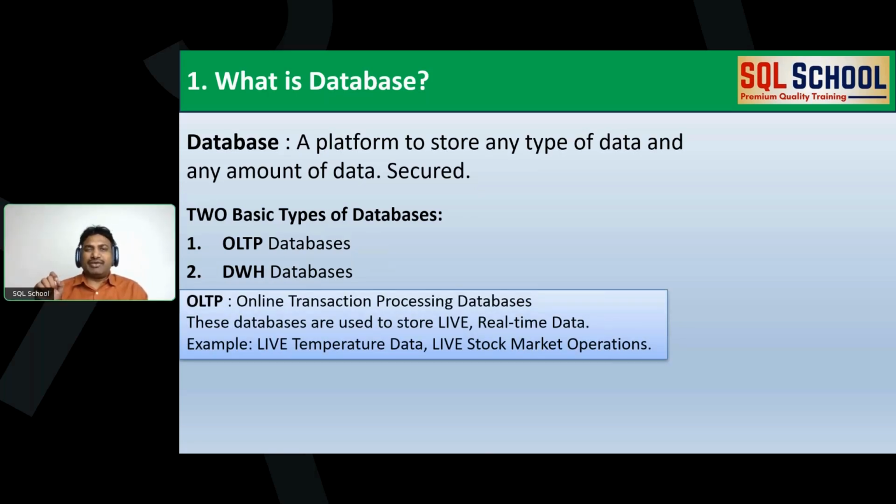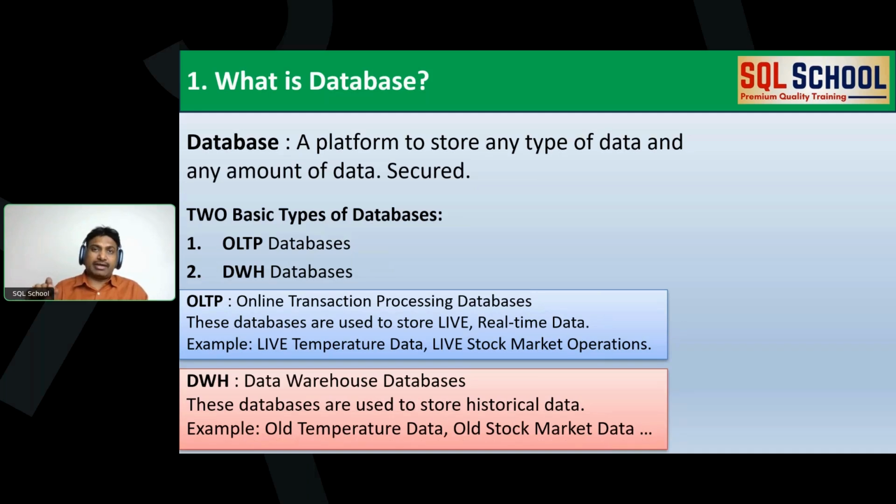OLTP is mainly for storing live data, for example an online banking environment with live day-to-day transactions. The same bank needs to store the history as well, right? Old data, old transactions, that is stored in the warehouse. And our agenda is the warehouse. We are learning what makes Azure and Snowflake different for warehouse implementations.